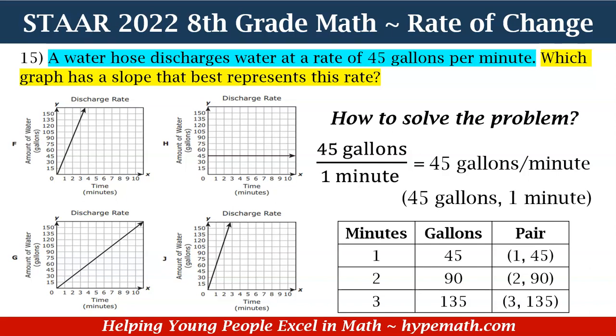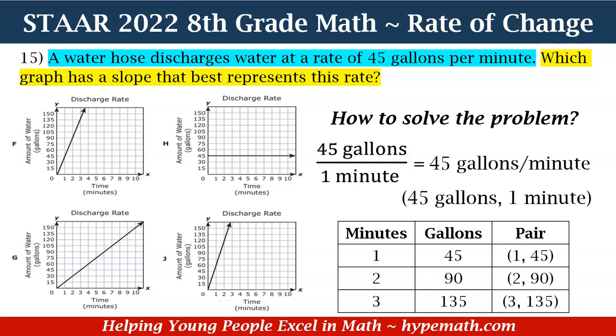So we know that the water is discharged 45 gallons per minute. So let's set up our table. For 1 minute is 45 gallons, and what I'm going to do is plus 45 for every minute, okay? So for 2 minutes, it's 90 gallons, and for 3 minutes, it's 135 gallons.